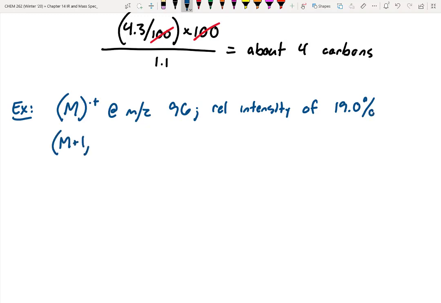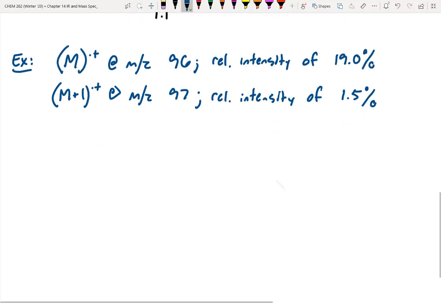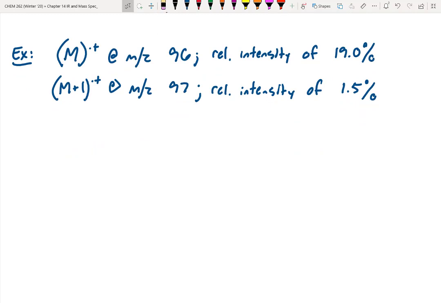The mass plus 1 radical cation is obviously going to be at a mass to charge of 97 because it's one heavier, and it's going to have a relative intensity of 1.5%. How many carbons in here? It's okay if you need your calculator for this one.